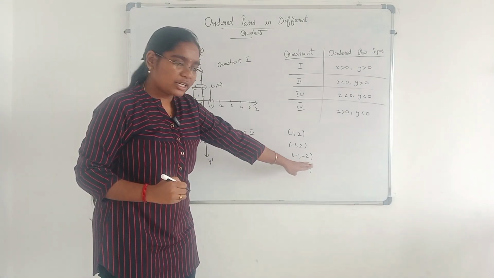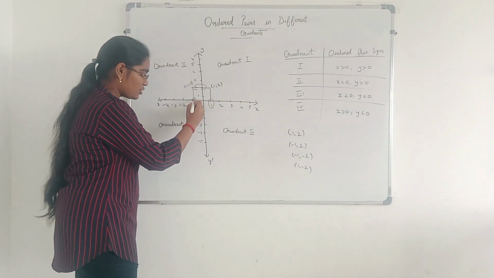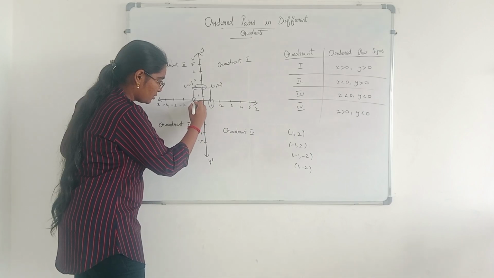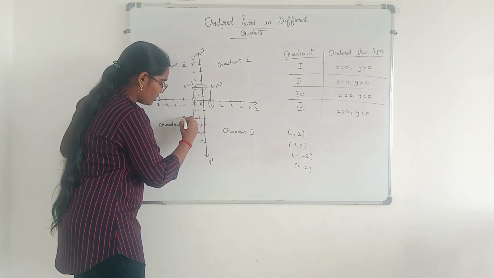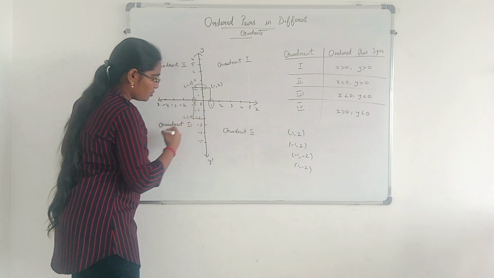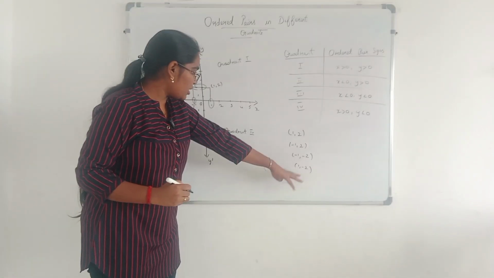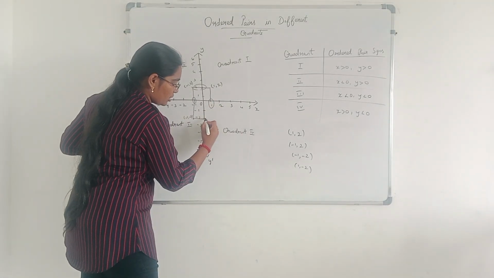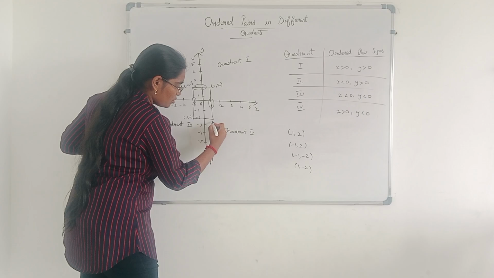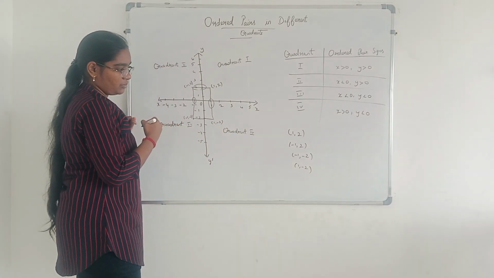Next -1, -2. This -1 here, this -2 here, so approximately the point will be here, -1, -2. Next 1, -2. This 1 here, -2 here. So 1, -2.